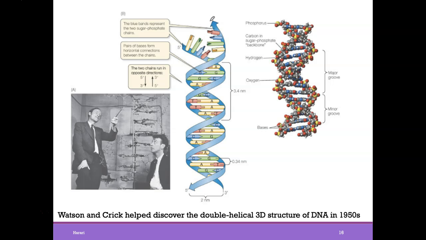And they showed that DNA is a double-stranded helix, like a twisted ladder, that goes in anti-parallel directions. Right, the two chains run in opposite directions, and the bases form horizontal connections between these two backbones. So this was huge, and Watson, Crick, and Wilkins won the 1962 Nobel Prize for their discovery.